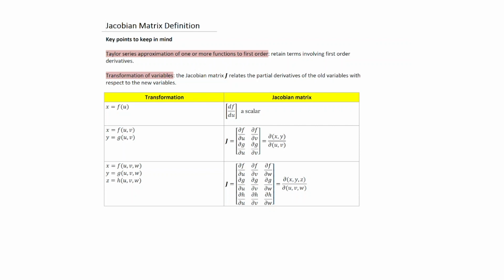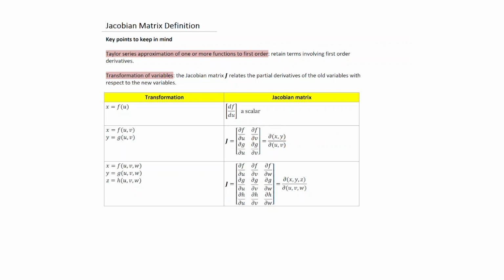That 2-by-2 matrix we call a Jacobian matrix. That's just the name given to it. We can write it in matrix form or in short form, as ∂(x,y)/∂(u,v). These two are equivalent.